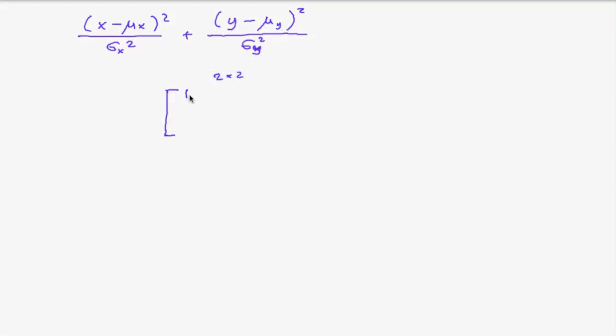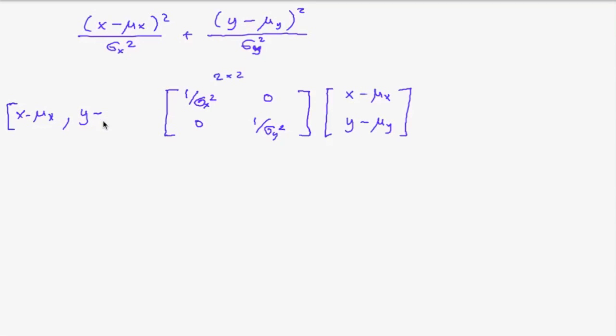Now we can express this formula in a different way. We see we can write this as a quadratic form where we have a matrix, in this case a 2 times 2 matrix of 1 divided by sigma x squared and 1 divided by sigma y squared on the diagonal and 0 everywhere else, times x minus mu x and y minus mu y as a column vector multiplied from the right and the same as a row vector multiplied from the left.